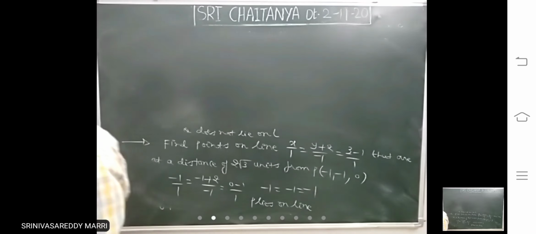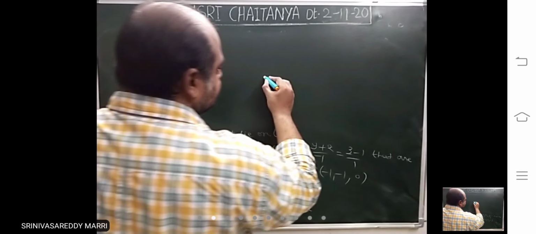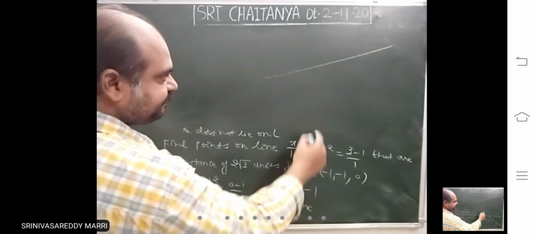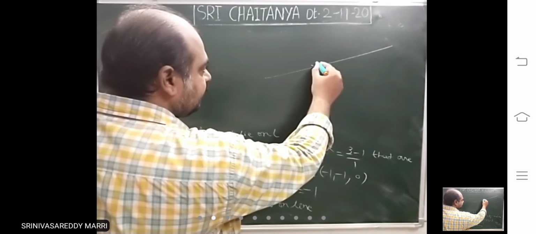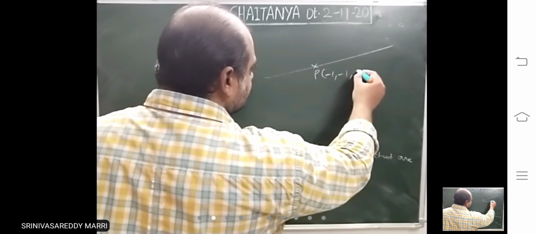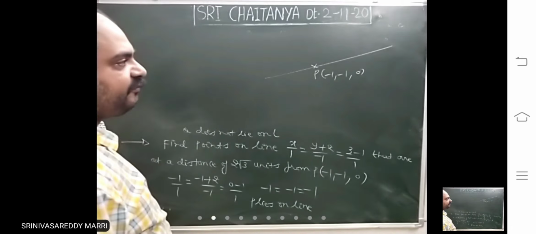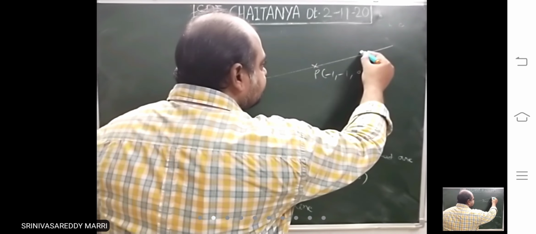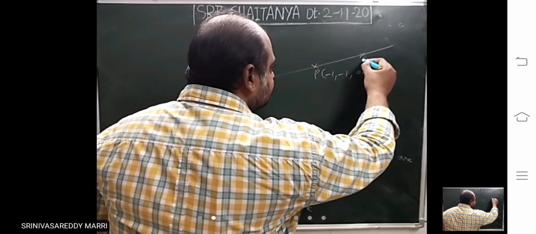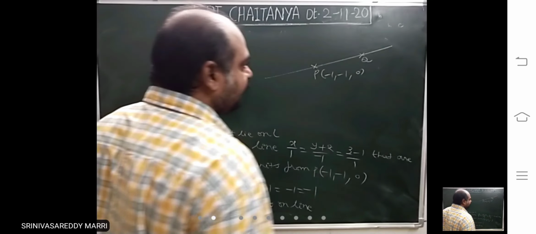So the line is there like this, and point P is there on the line. You want to find another point on the line. Let us say that point is Q. You have to find a point on the line.